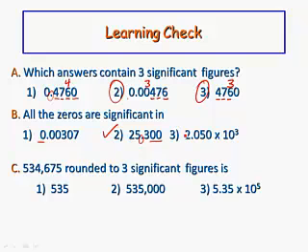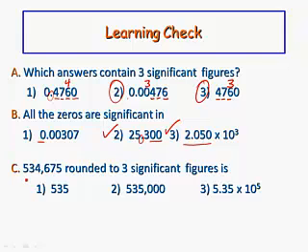And then this one, written in scientific notation. If correctly done, all of the digits in the base value of a number written in scientific notation are significant. So all of the zeros in selection 3 would also be considered significant.